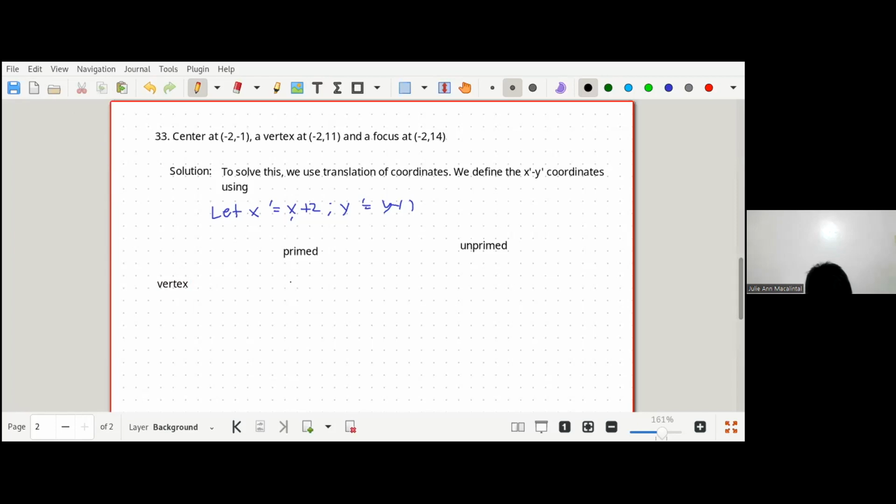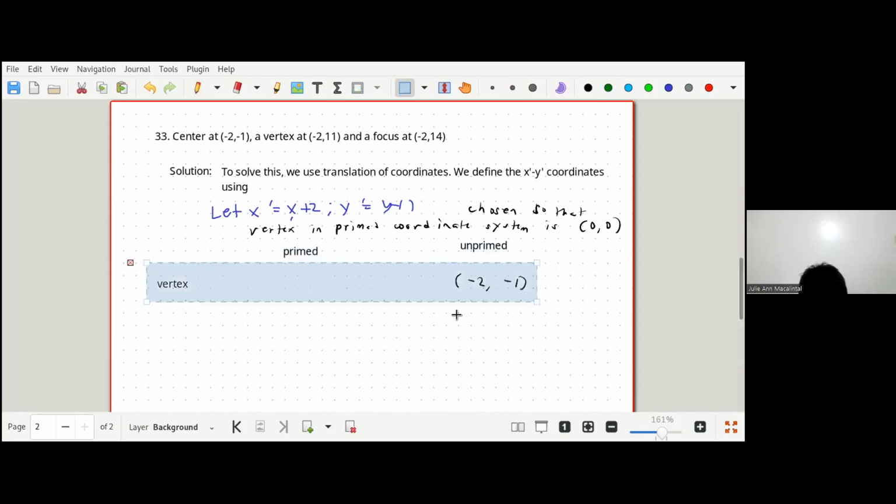So vertex is going to be, so the primed, hindi pa natin alam. Unprimed is going to be -2, -1. Tapos, yung reason bakit ito yung pinili natin, chosen so that vertex in the prime coordinate system is at origin.